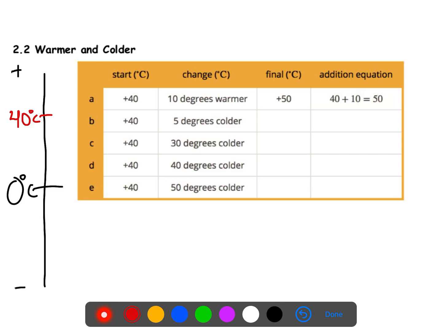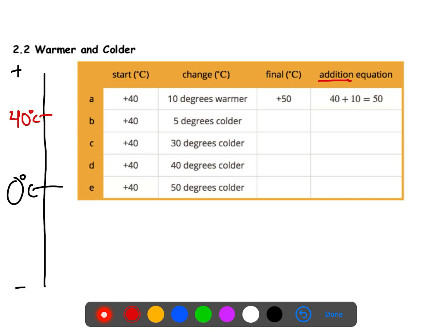Let's look at the next one. In the next one, we get 5 degrees colder. Now, we are doing addition equations here, so we are adding for today's lesson. So while you might be thinking subtraction, which is okay, we're also looking at how that can be done through addition.